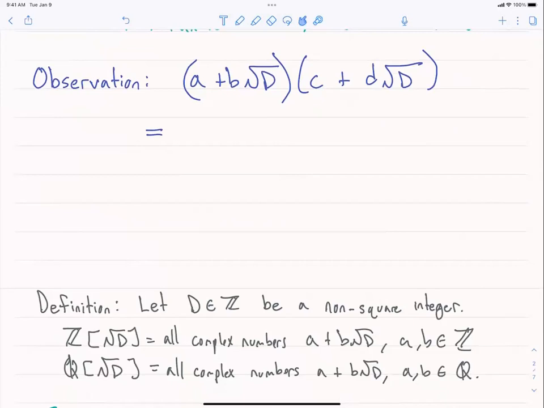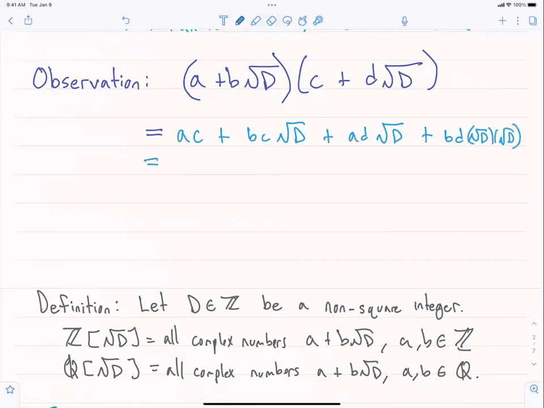So it's not completely out of nowhere, but to connect it a little bit more firmly, I want to observe that when you start with quadratic rationals and quadratic integers, you can arrange them together into certain rings. So in particular, if I look at something like a plus b times square root of d, and I multiply by c plus d square root of d, let me just expand this out. I'm just going to FOIL it out: I get ac plus bc square root of d plus ad square root of d plus bd square root of d times square root of d.